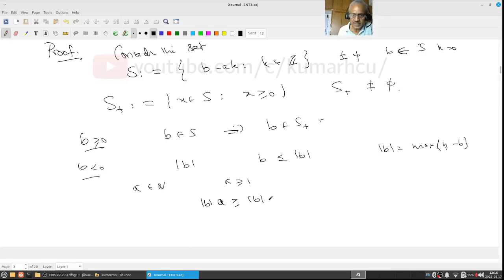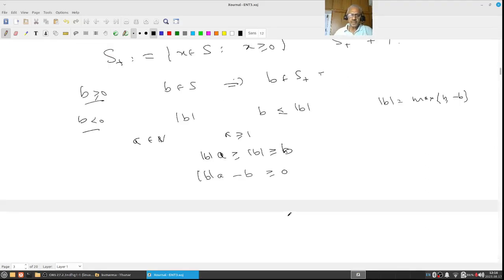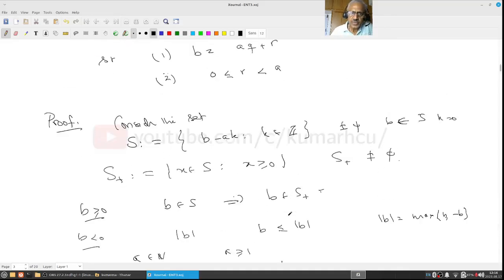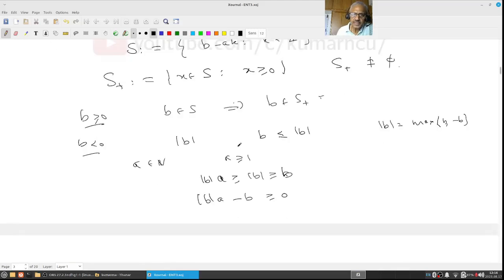That in turn is greater than or equal to b. Therefore mod b times a minus b is greater than or equal to 0. Is that okay? So we got it.